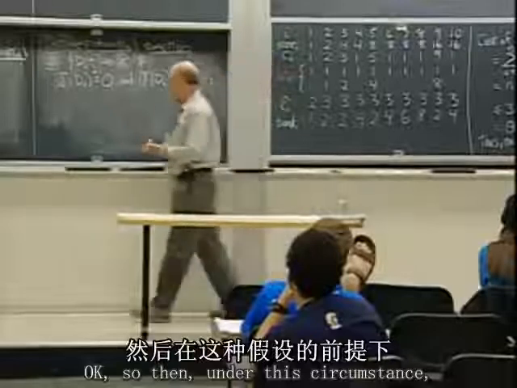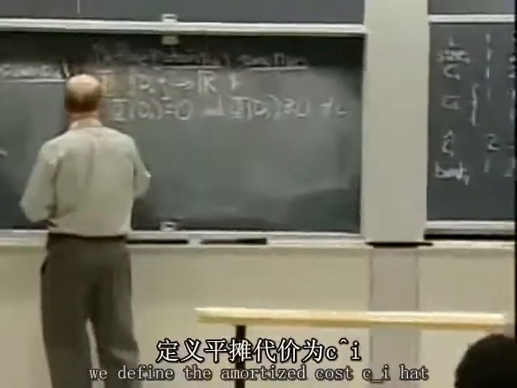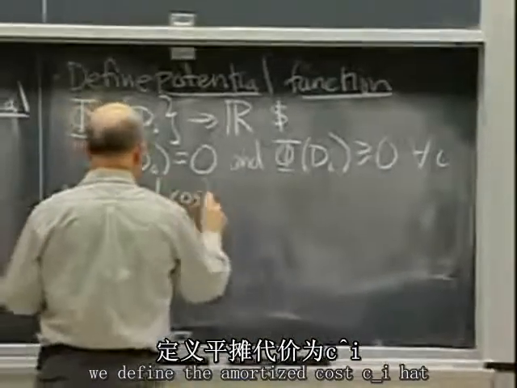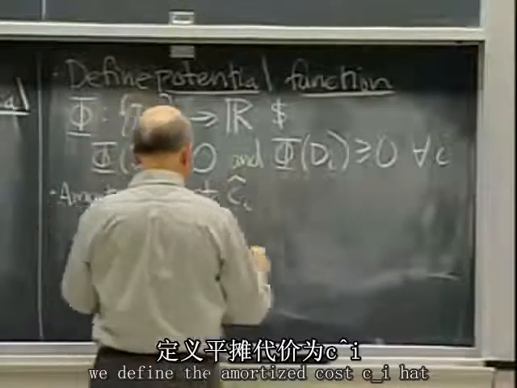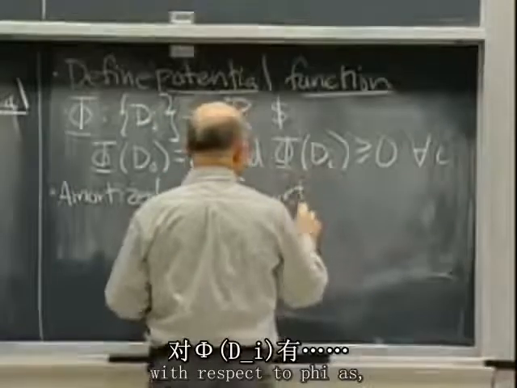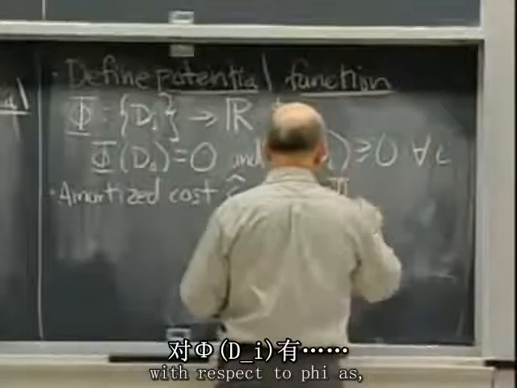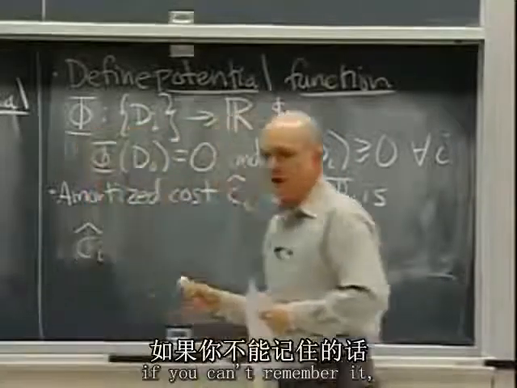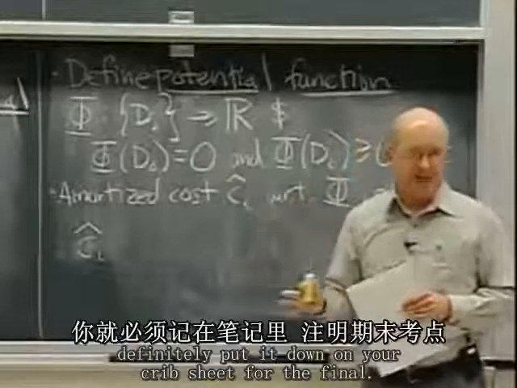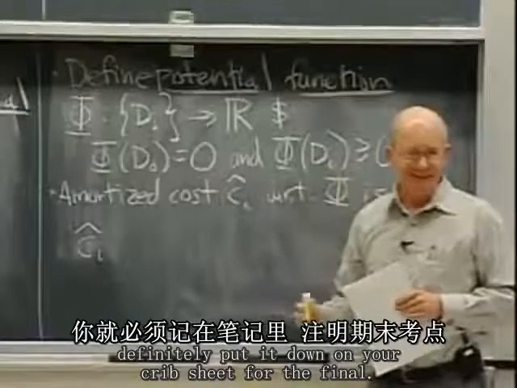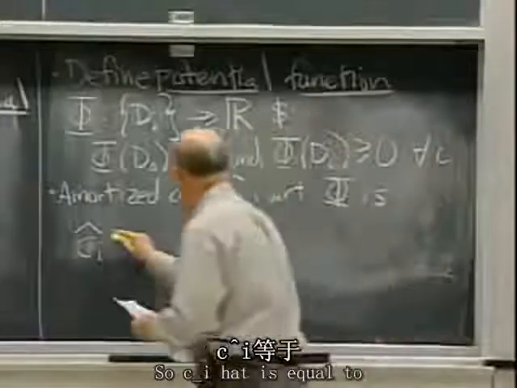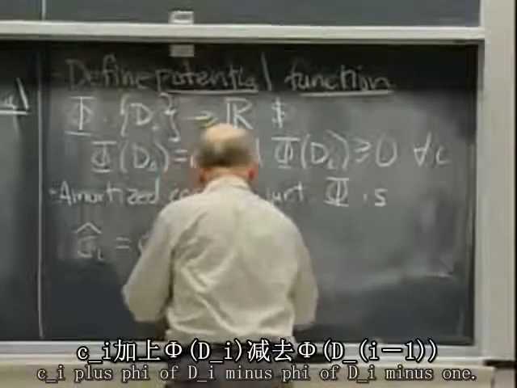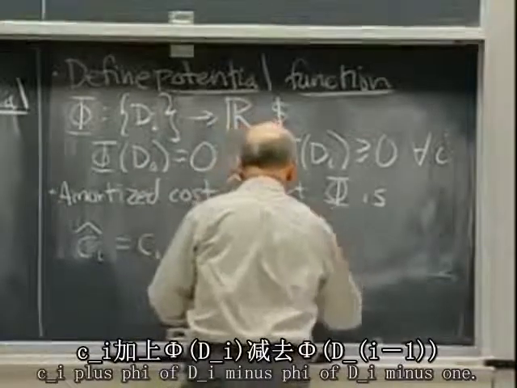Then under this circumstance, we define the amortized cost c sub i hat with respect to phi as, and this is one of those formulas that if you can't remember it, definitely put it down on your crib sheet for the final: c sub i hat is equal to c sub i plus phi of D sub i minus phi of D sub i minus 1.